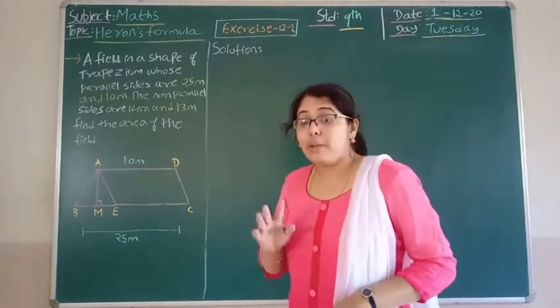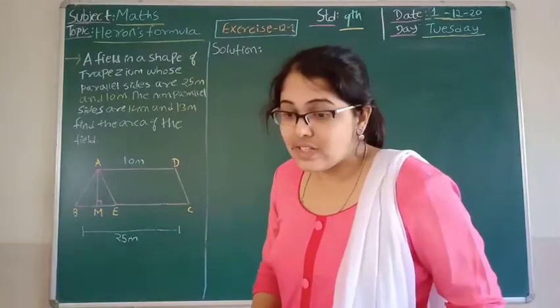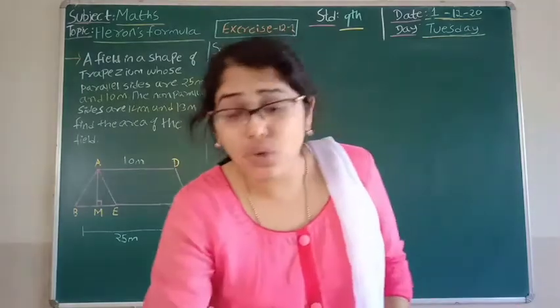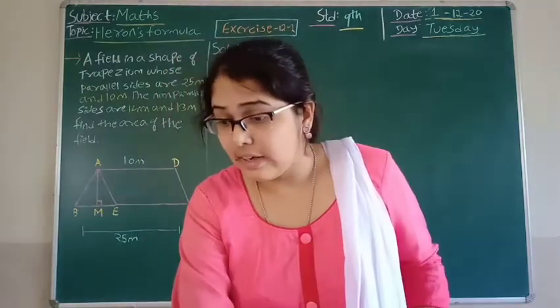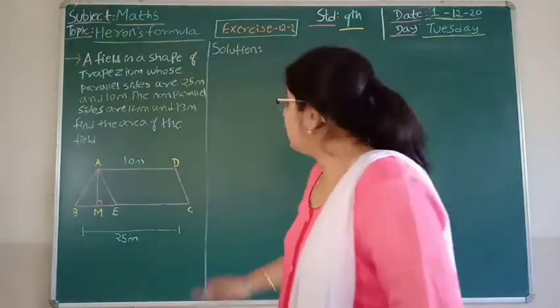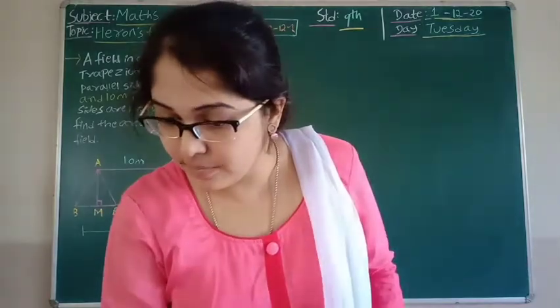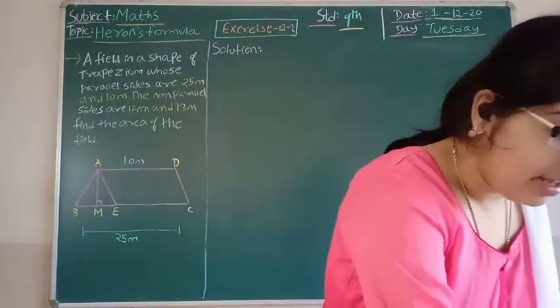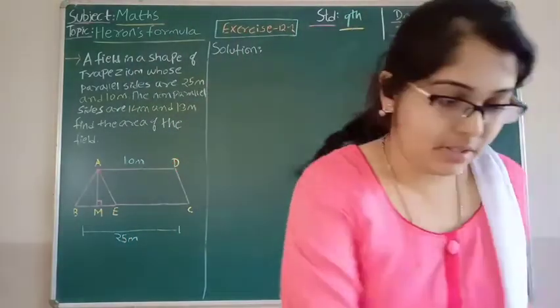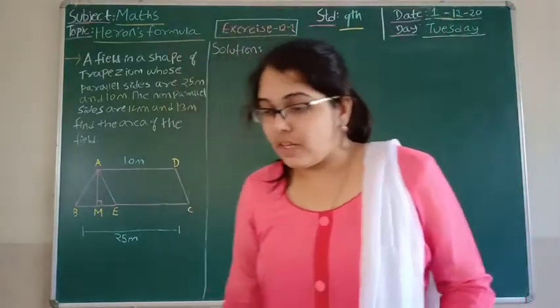So we need to find the area of this field. The non-parallel sides are like this, right? So I can say 13 meter and 14 meter. Let me consider this as 13 meter and this as 14 meter.